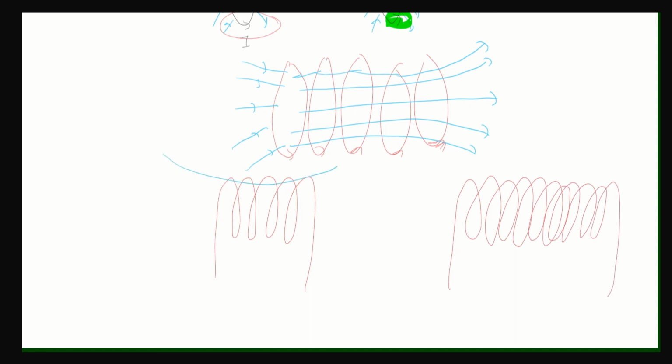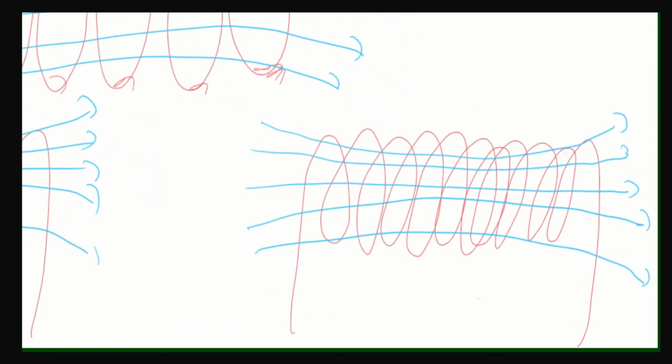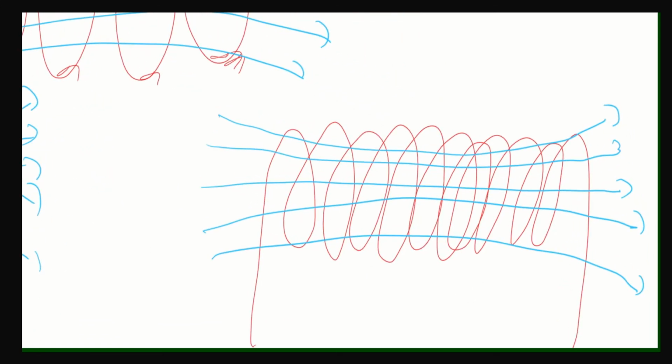In case of the first solenoid, where the length is less, this is the nature of magnetic field lines. Whereas in case of the second, the bending will be slightly less because the length is more. It's not that field lines will not bend, but in the middle region, the field lines are almost equidistant and parallel. So the uniformity of field increases when you consider magnetic field lines inside the solenoid.